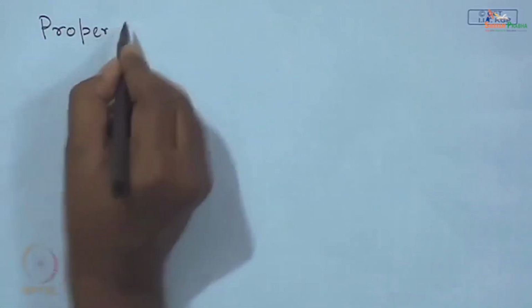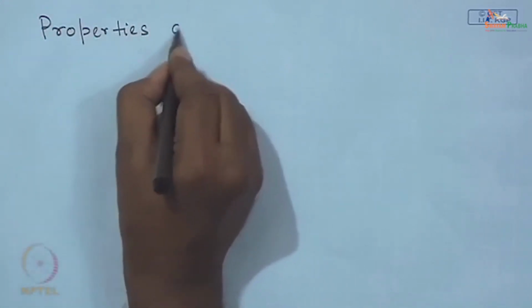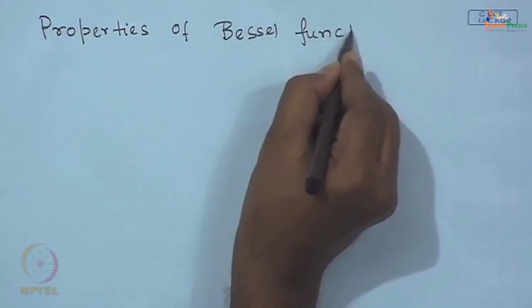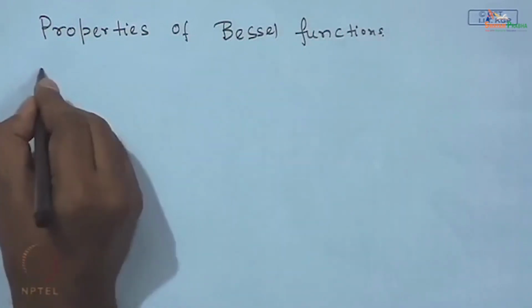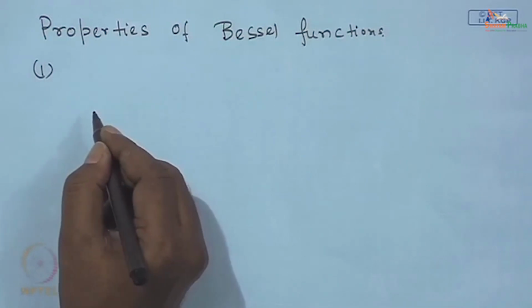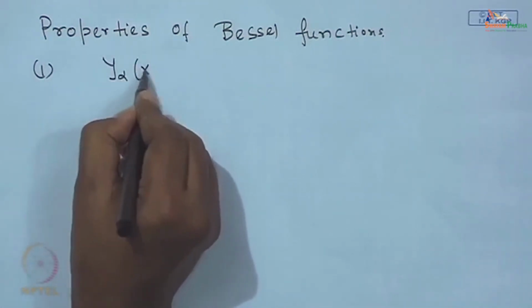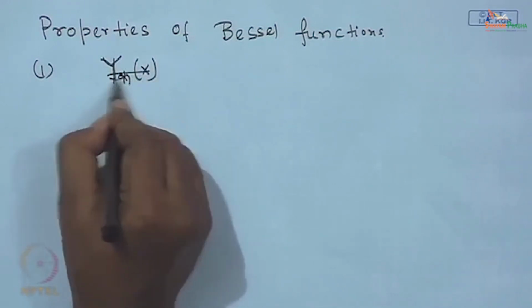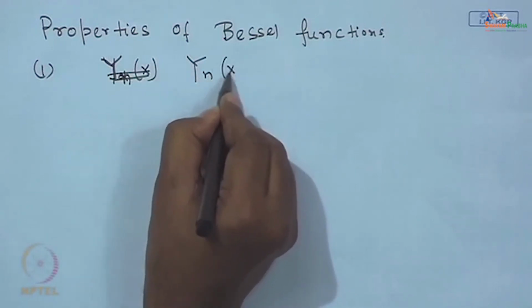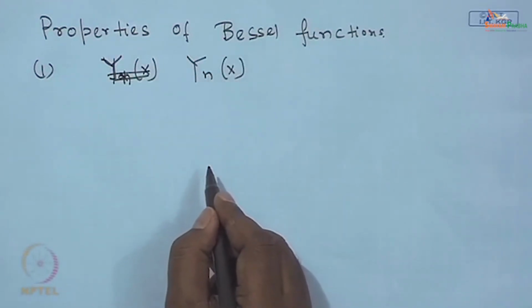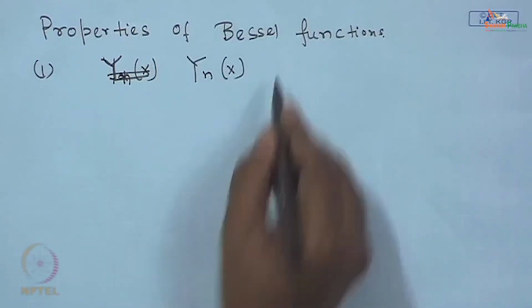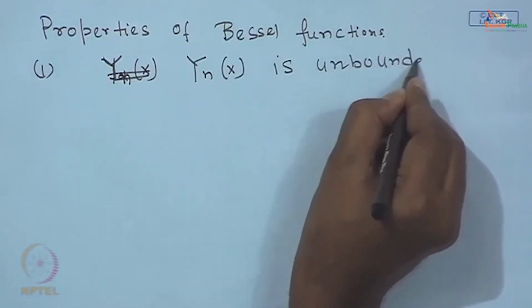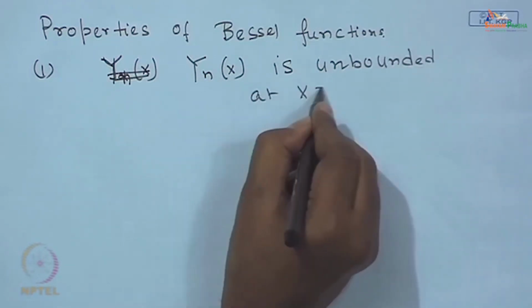So, properties of Bessel functions. Most important property is that Y alpha x or Y n x, the Bessel function of second kind of order n, is unbounded at x is equal to 0.